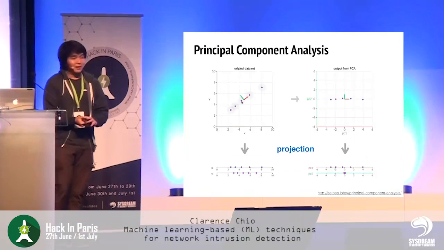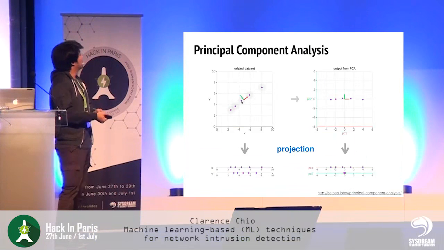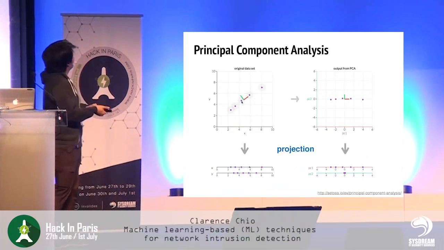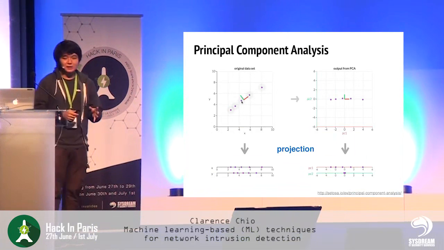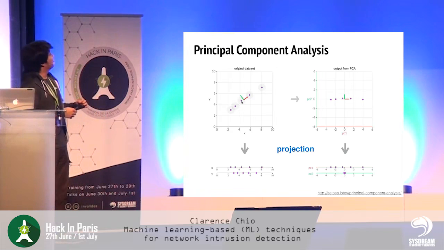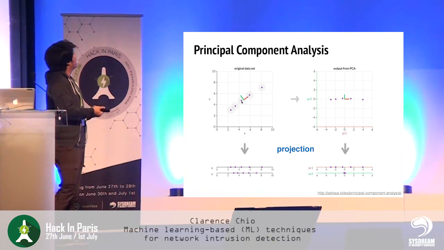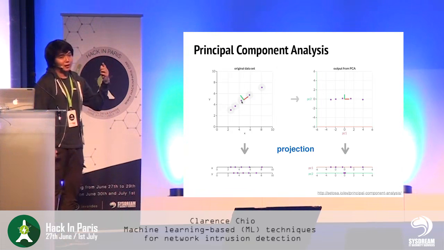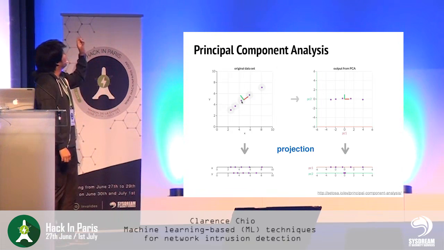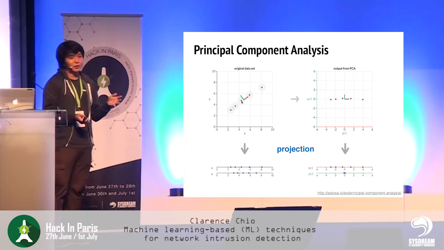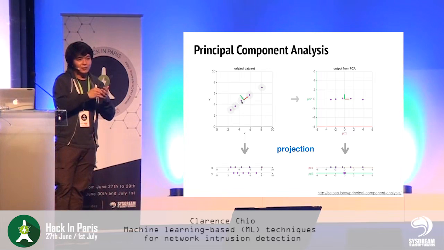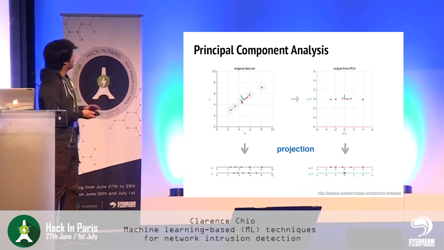So this is just a simple visualization of what PCA does. Principal components are the eigenvectors associated with your data set. When you do PCA, the algorithm efficiently finds the largest variance within your data and the chosen principal component.